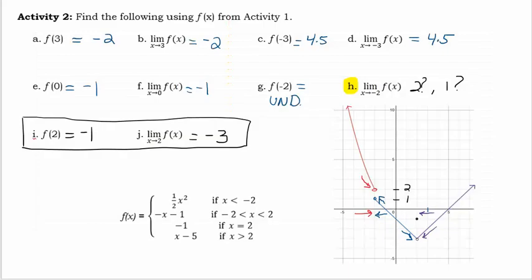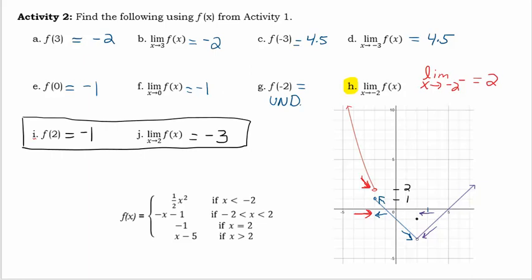So let's go back to this -2 problem here, because we saw two different limits, right? If I'm looking at x values that are less than -2, I could say the limit as x approaches -2 from the left, that's the little negative sign, the y value is approaching 2.